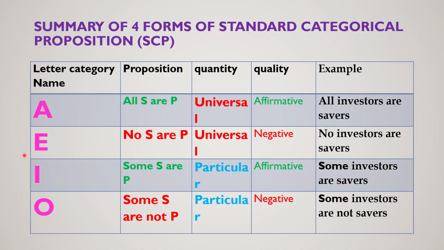E is where we get the universal negative, I is where we get the particular affirmative, and O is where we get a particular negative premise or statement. So this table is very important, and we will be referring to it often as we continue the lesson.